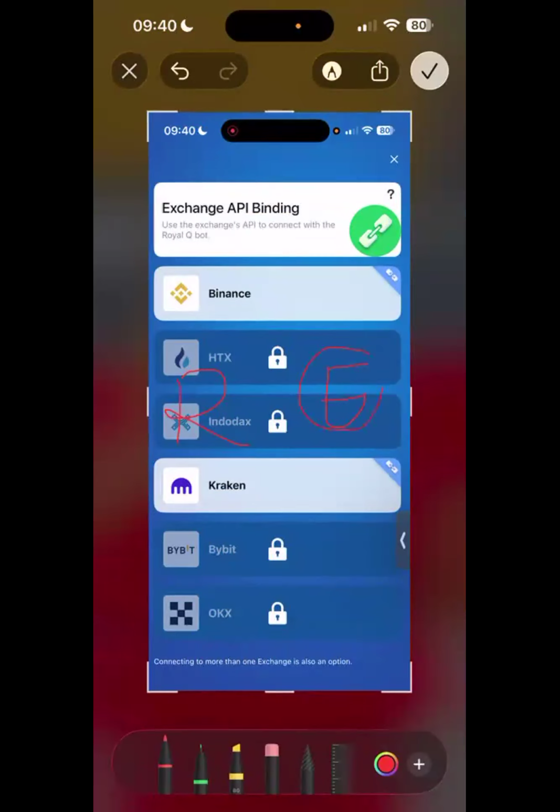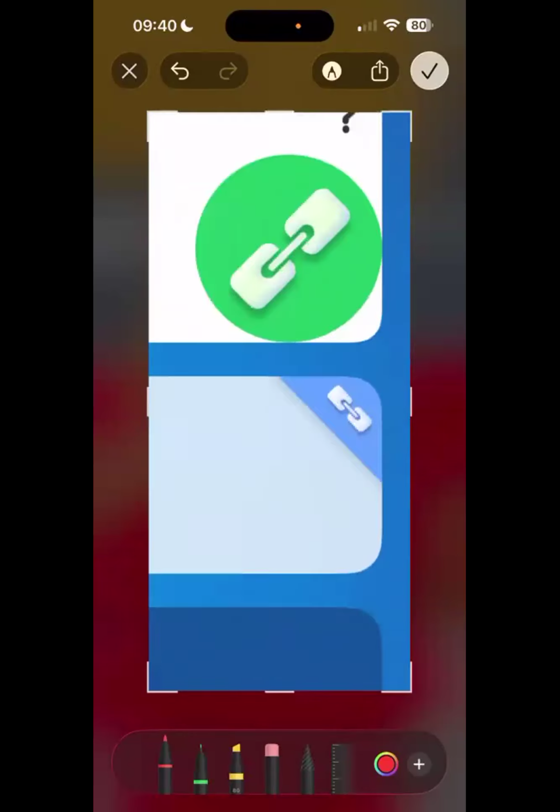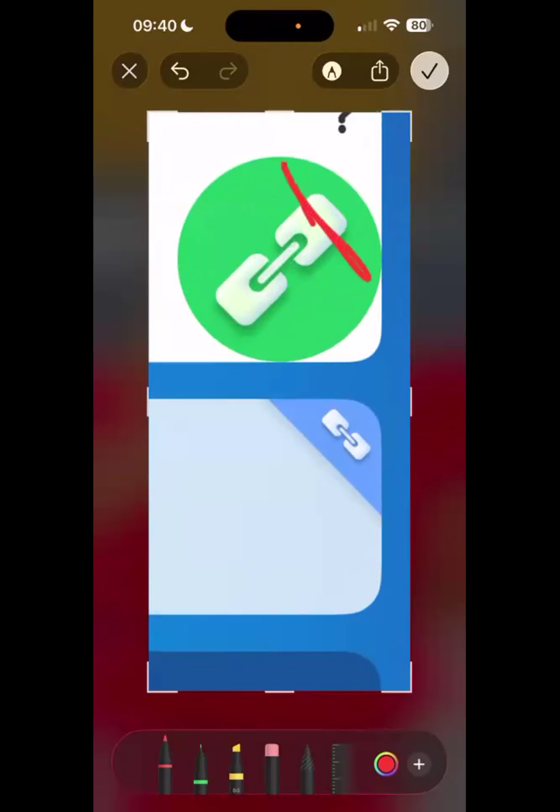Because if your money is on the exchange and you command the RoyalQ robots, go and trade this coin on my exchange for me, what is binding the two of them together? So it will be able to execute your commands. It is the API. So this is your RoyalQ. This is your Binance or your exchange. What joins them together so they can have some form of communication is the API.